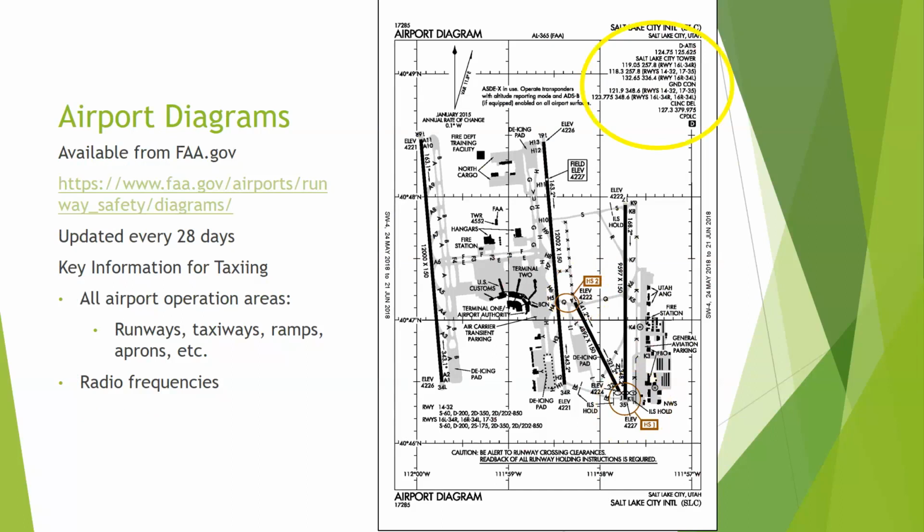If you look, there's actually 3 different tower frequencies. One's for runway 16 left, 34 right here. The other one is for runways 14, 32 and 17, 35. And then there's a third tower frequency for here. So bigger airports, they're going to split that control process into different areas.